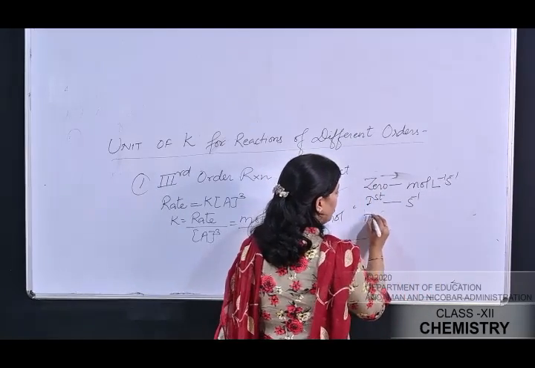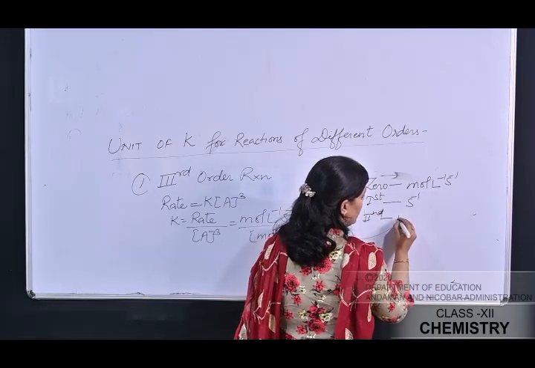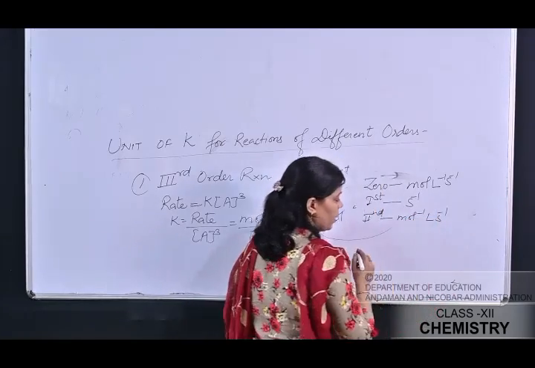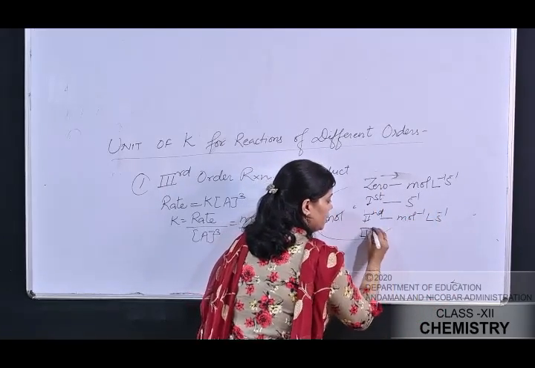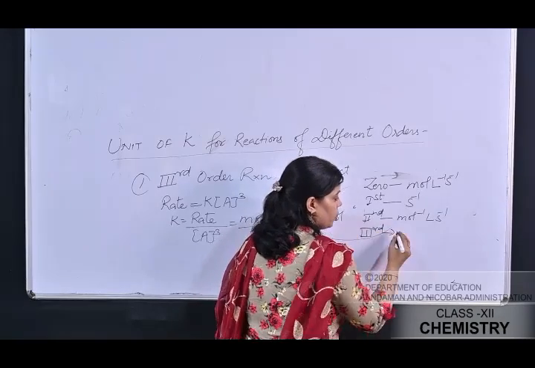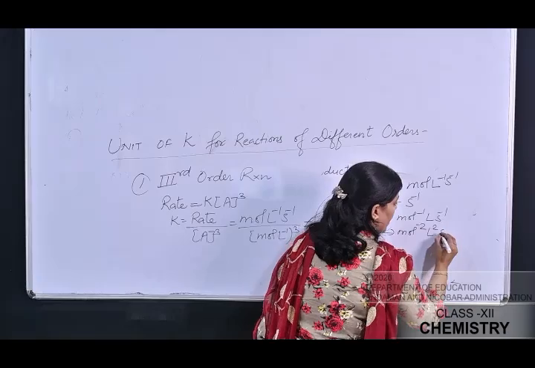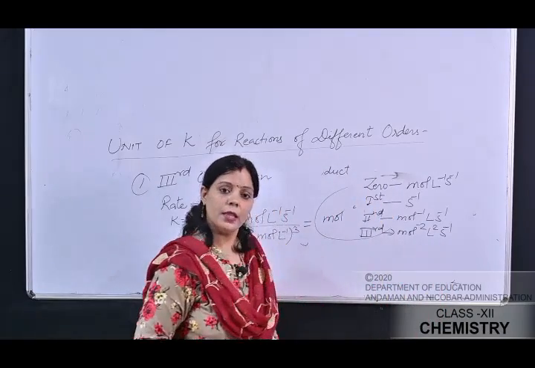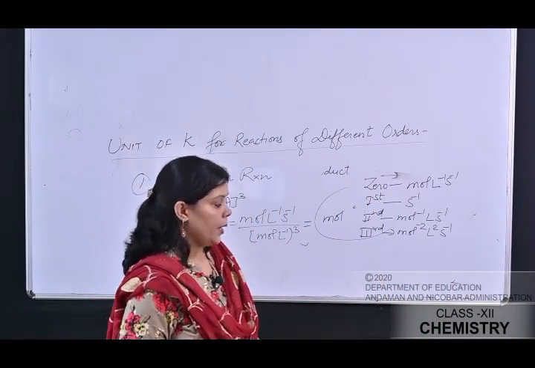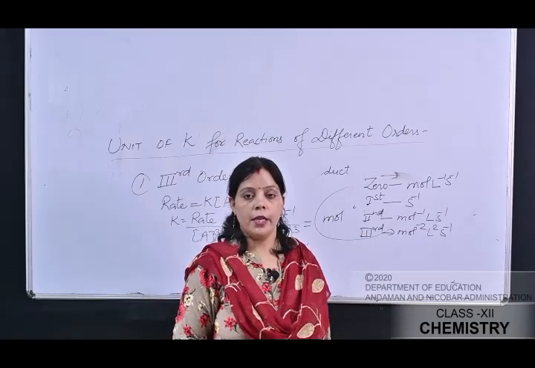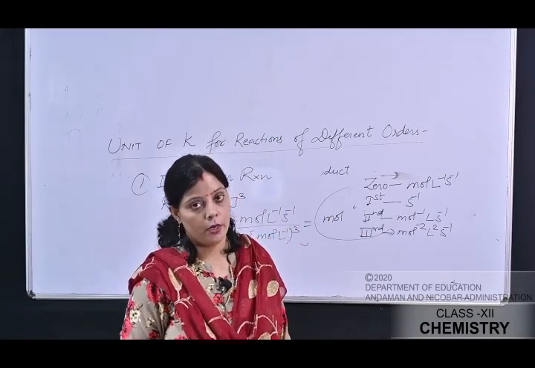For a second order reaction, the unit of rate constant is mole inverse liter second inverse. For a third order reaction, it is mole inverse liter square and second inverse. So in this way, we are able to calculate the unit of rate constant for reactions with different orders.